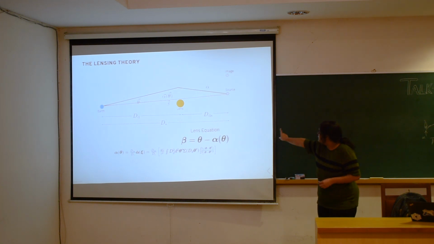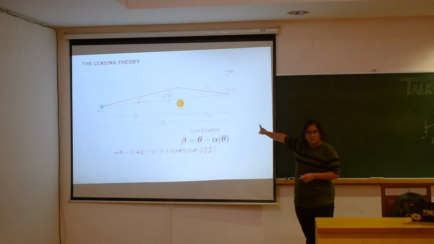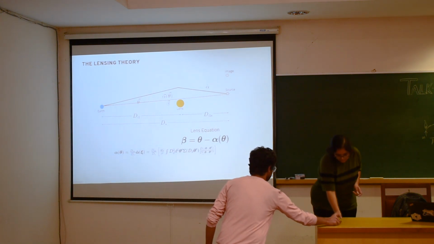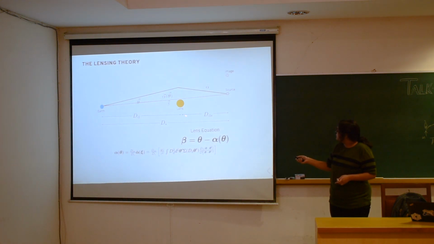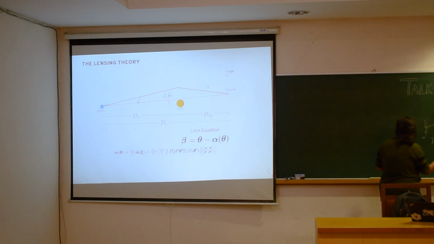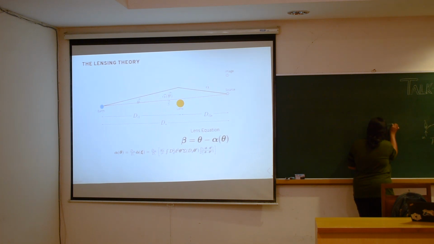The alpha of theta is simply dds, the distance from lens to source, upon ds, the distance from Earth to source, into this deflection angle, right? And this deflection angle, as I said, from Einstein's GR, can be given as Gm upon c square into the impact parameter.